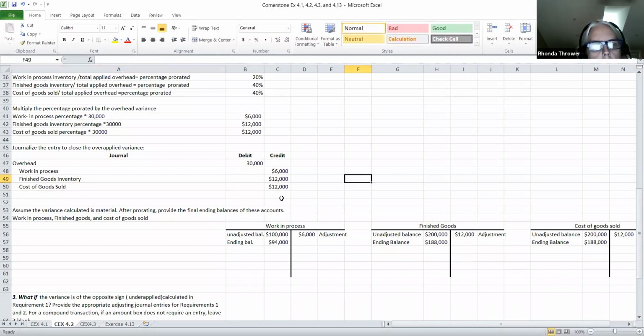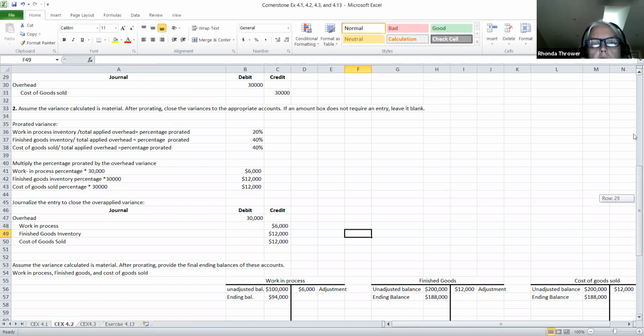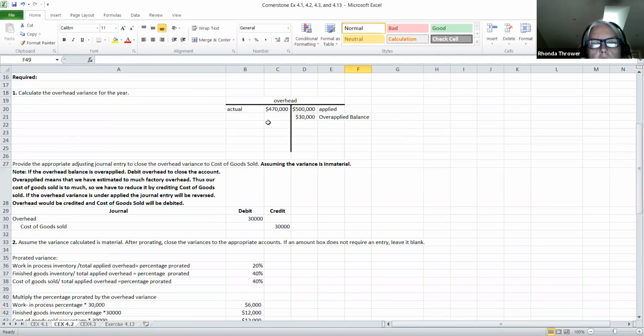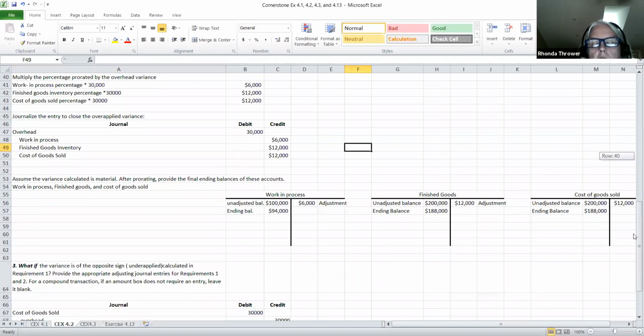But this is your journal entry right here. You debit the overhead account because you're reducing this overhead account to zero. When you debit it, it goes away. And then you have to spread that 30,000 out over work in process, finished goods, and cost of goods sold.